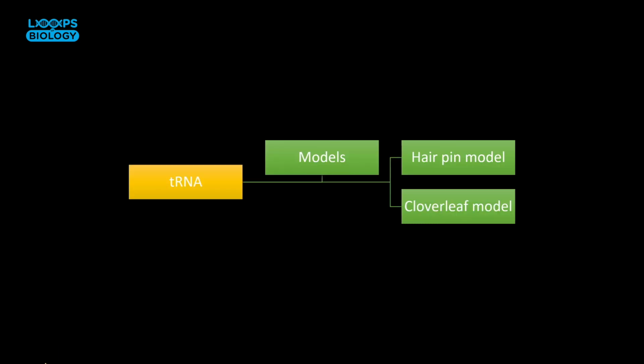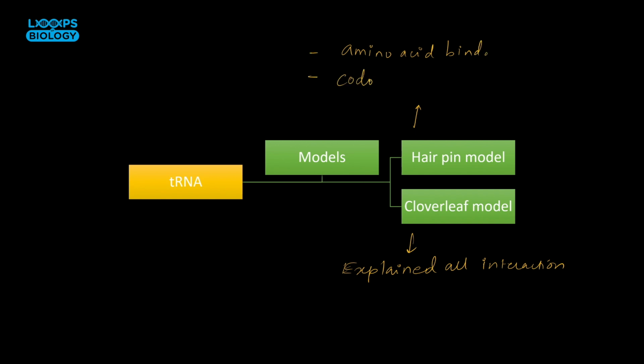Now the tRNA has two models called the hairpin model and the cloverleaf model. The cloverleaf model explained all interactions, while the hairpin model could explain only amino acid binding and codon detection.